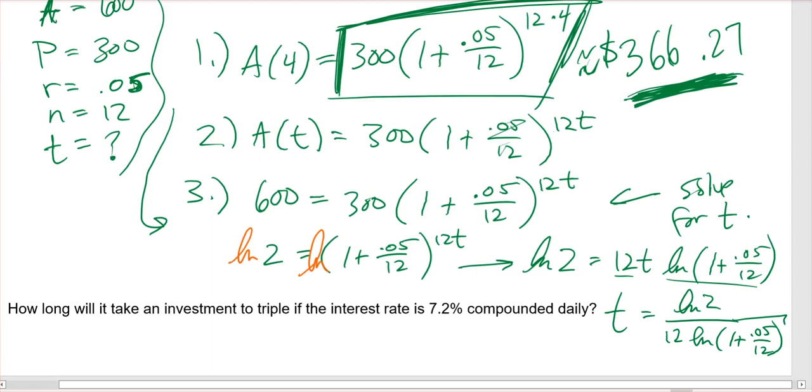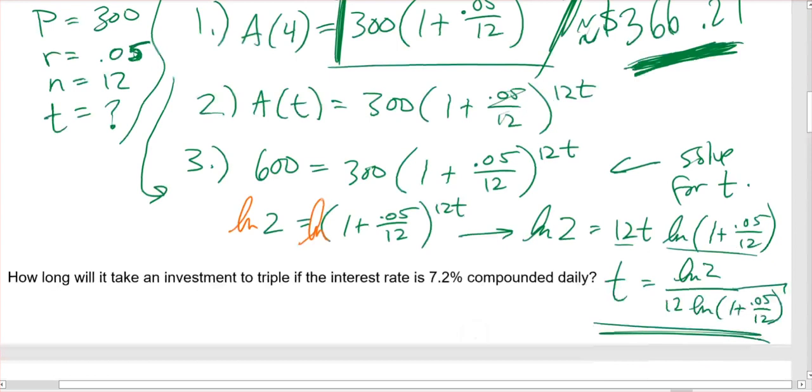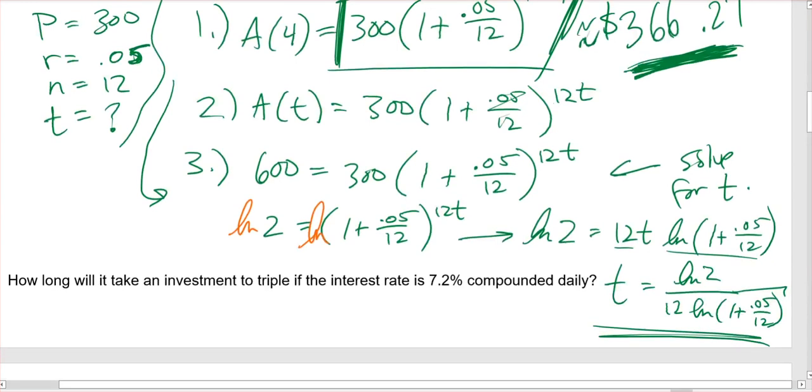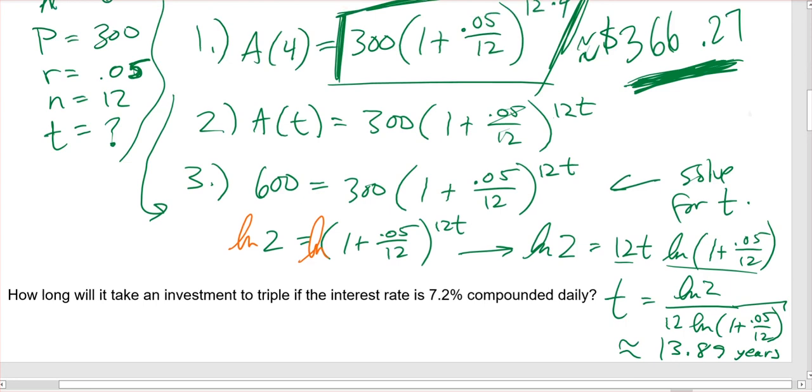And yeah, in an exam sort of situation, that is the expression that we're looking for, and this is completely fine. Now in your homework, it is going to want you to round this, so we've got to round it, and we can do that. Punch it into a calculator, we get 13.89 years if we round that to 2 decimal places. Okay, good. We did it.